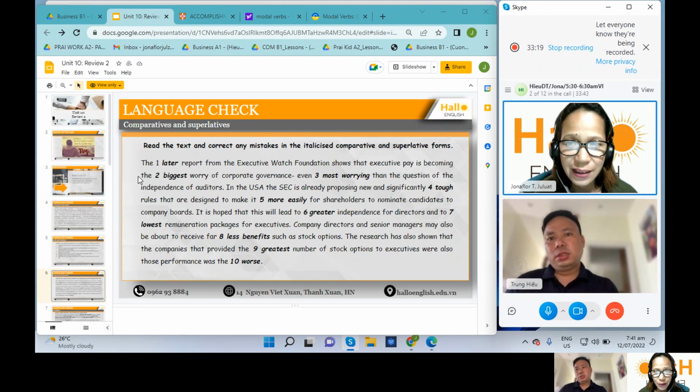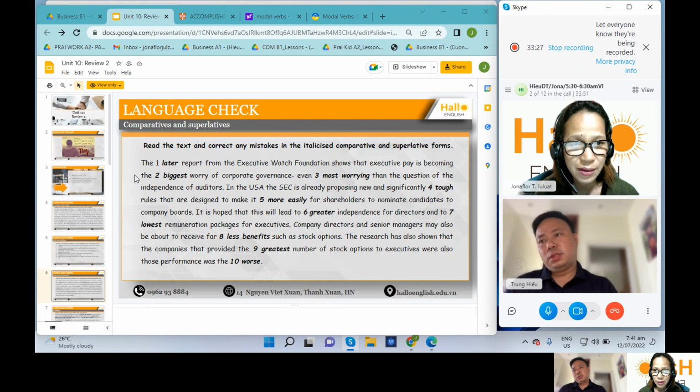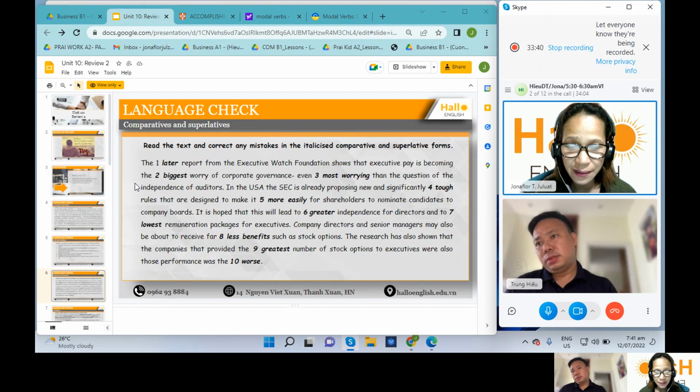You mean to say, so there is the in the sentence, so the next word is the superlative. Yes. So I think the answer is biggest. Is that what you mean? This is correct? The biggest worry?